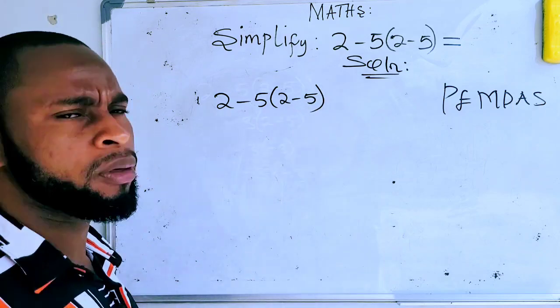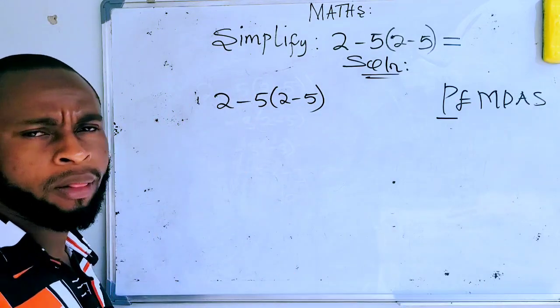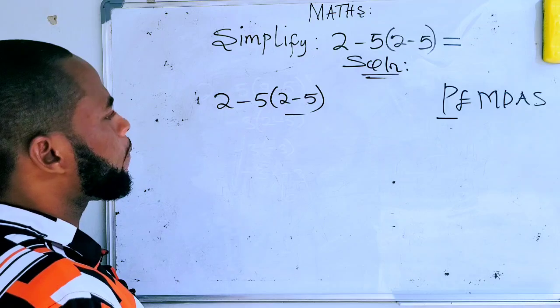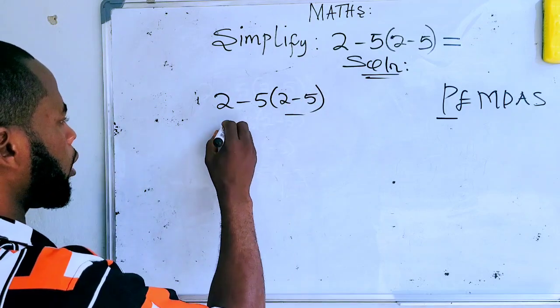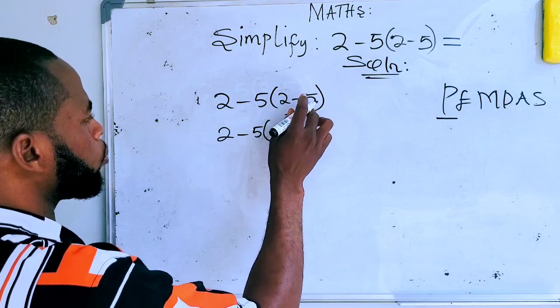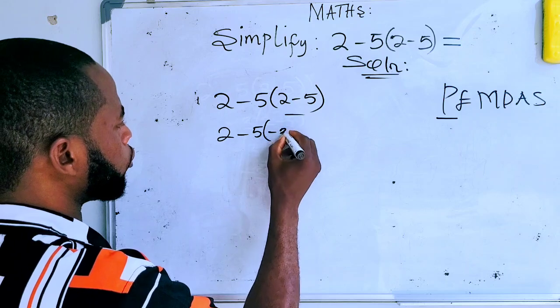Here, first, we are going to consider parentheses, that is brackets. We are going to first of all simplify this. We have 2 minus 5 into 2 minus 5, and that gives us minus 3.